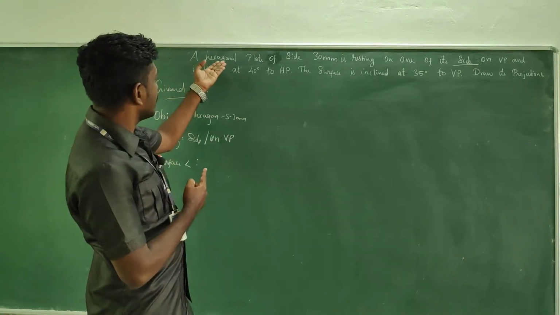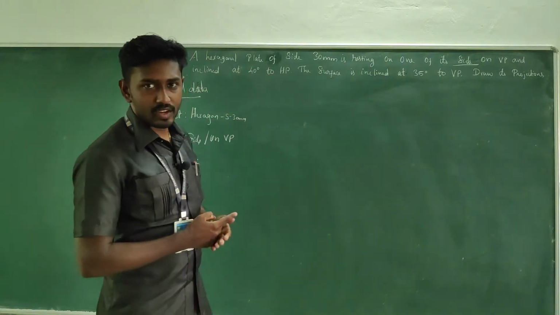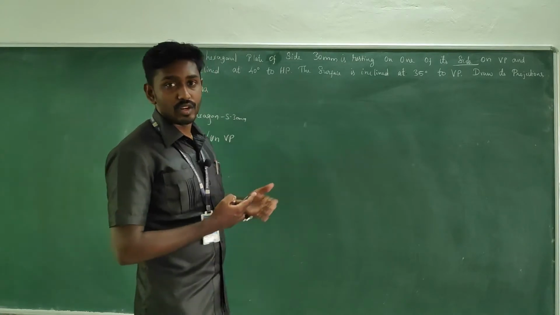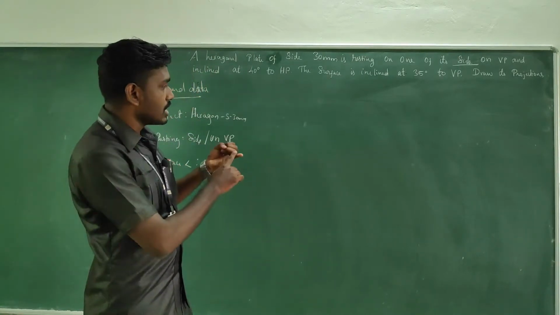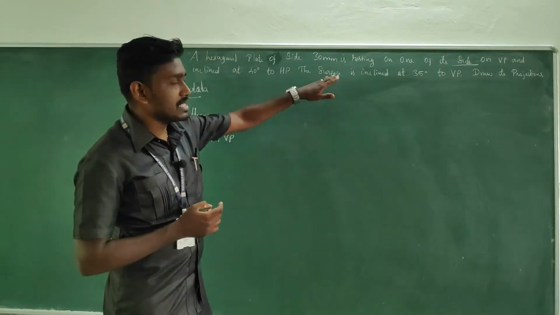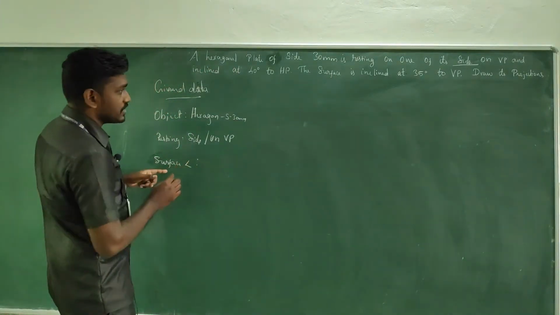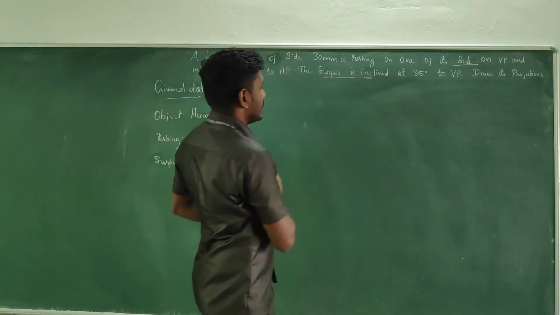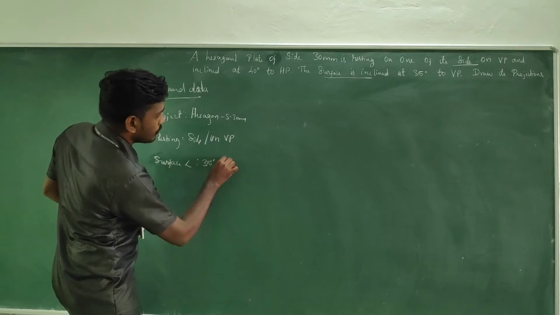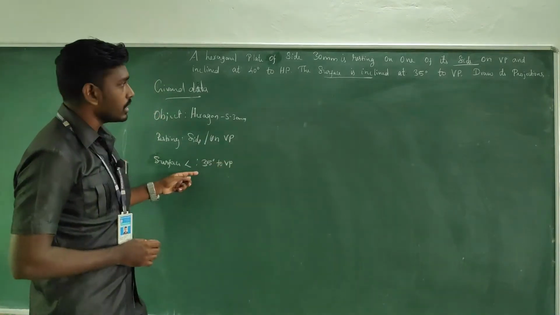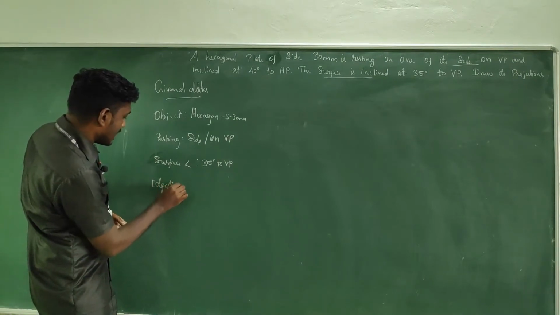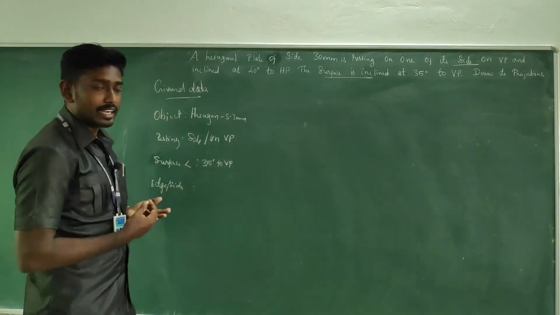Sometimes it may come as the plate is inclined, the plane is inclined. All are equal in worth, right? Surface, lamina, plane, plate, and the name itself they use to specify the surface inclination. So here the surface inclination is given, which is 35 degree to VP, right? And then edge or side inclination, or special conditions.